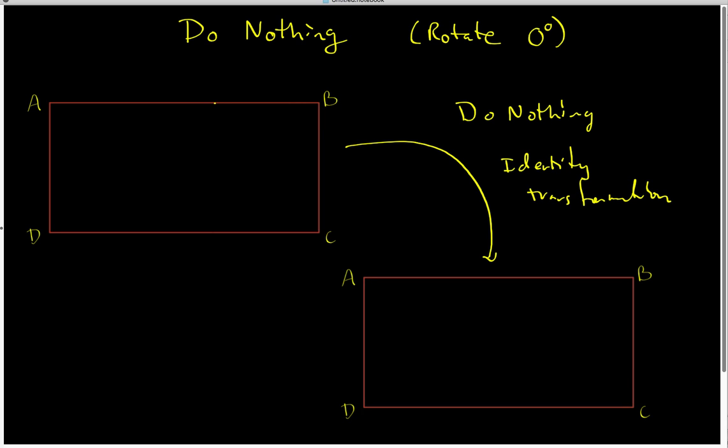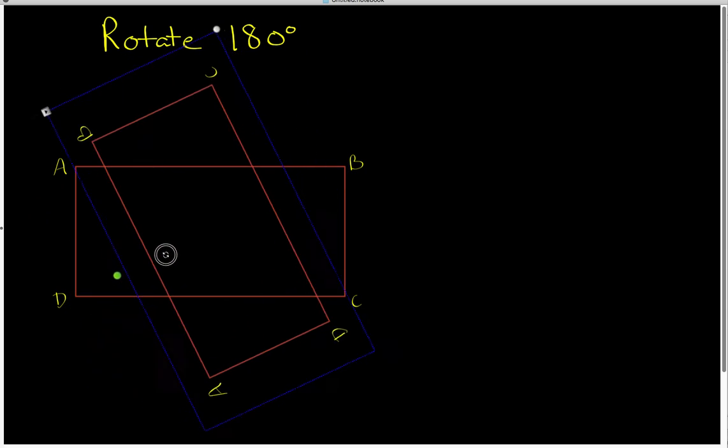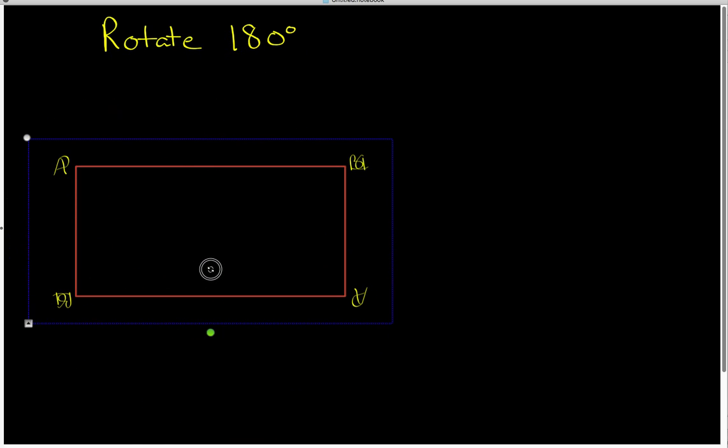Well, if I think about rectangles, I can do some other things with rectangles. It's also clear that if we have a non-square rectangle, we can rotate this rectangle 180 degrees, and when we do, the rectangle lands on itself. Now, the labels of the vertices have gotten changed.